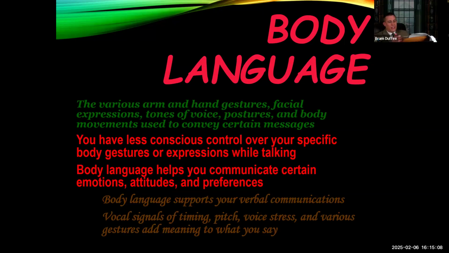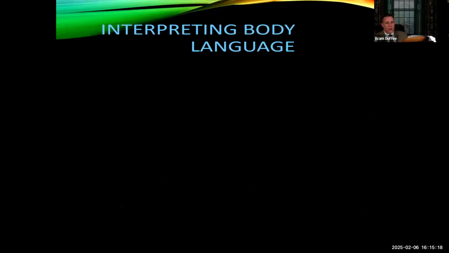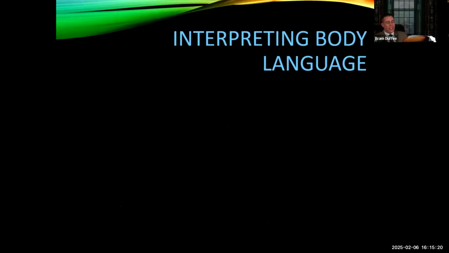When we talk about nonverbal communication, there are different kinds of body language that we get into as far as labeling. And when we label body language that has to do with the body, that is a term called kinesics.